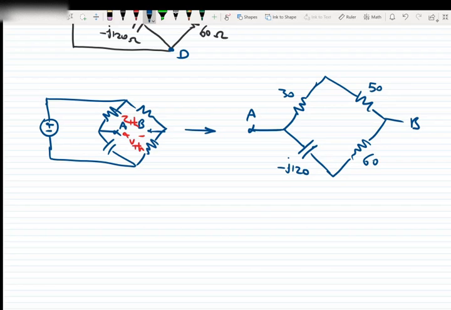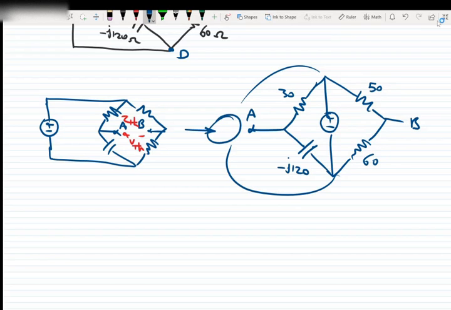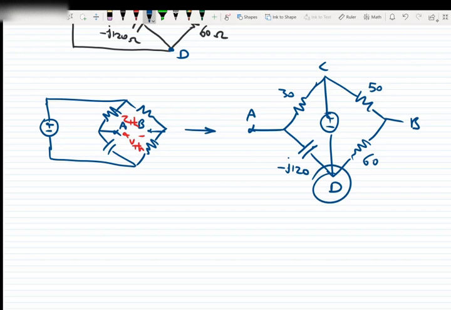Here is point B, and in fact the voltage source is here, which we show in this way. We can do that, of course, because there are just wires which connect the voltage source, and we move the voltage source to this location. The important point is we don't change the connections. So the voltage source is connected to points C and D.